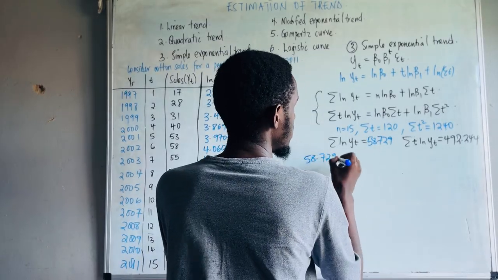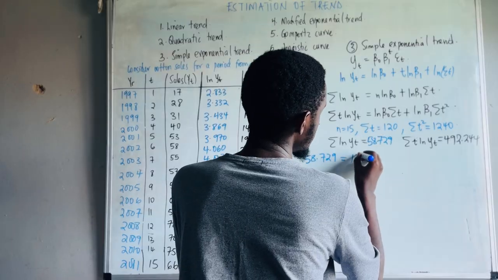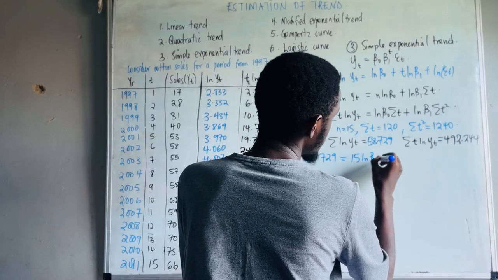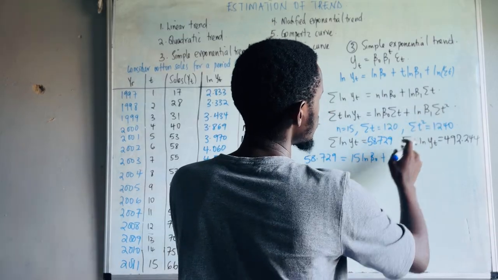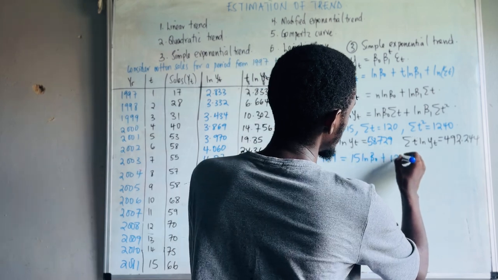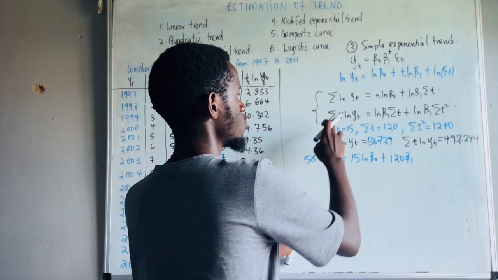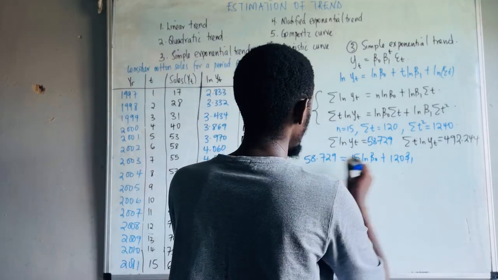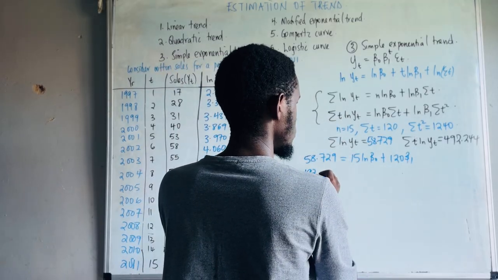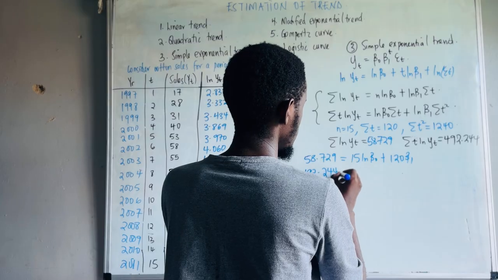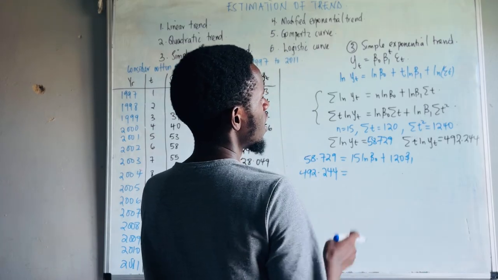Now all those unknowns, by just substitution, I'll have my solution. The summation of ln y is 50.72 equals n times ln b naught, summation t, we have it already, times b1, something like that.